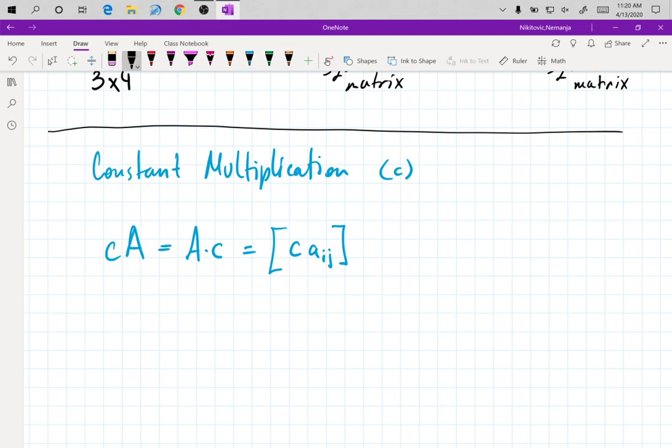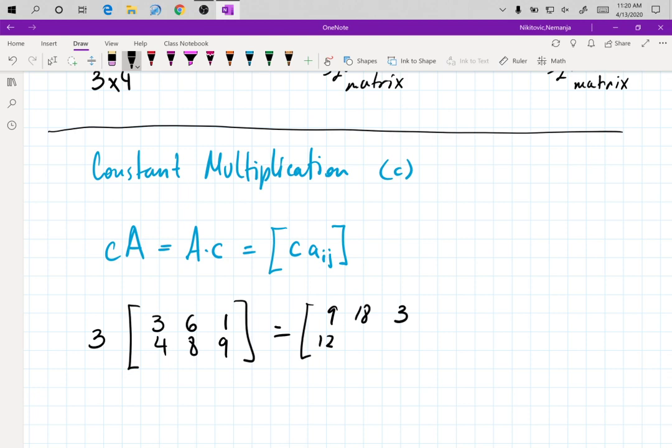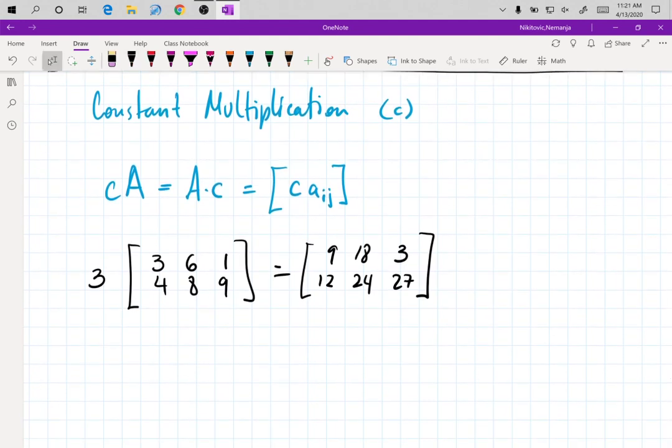So the number would multiply every member of a matrix. So you will have 9, 18, 3, 12, 24, 27. So if you have a constant in front, it multiplies every member of a matrix. So that should not be too difficult.